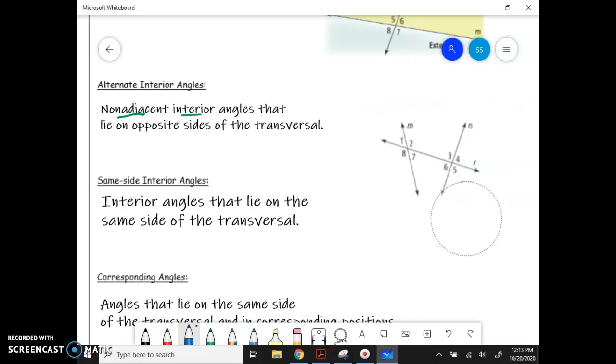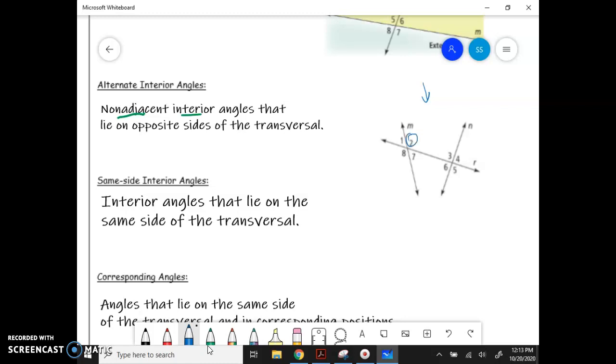All right, so let's take a look. Non-adjacent interior angles. Adjacent, if we remember, just means next to each other. So if we know it's interior angles, we're just looking inside here, and they can't be next to each other. So they're not adjacent, and they're interior.